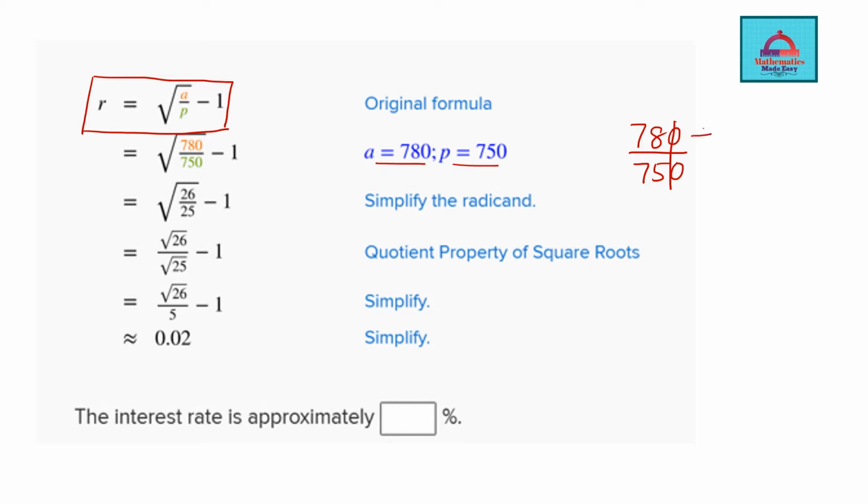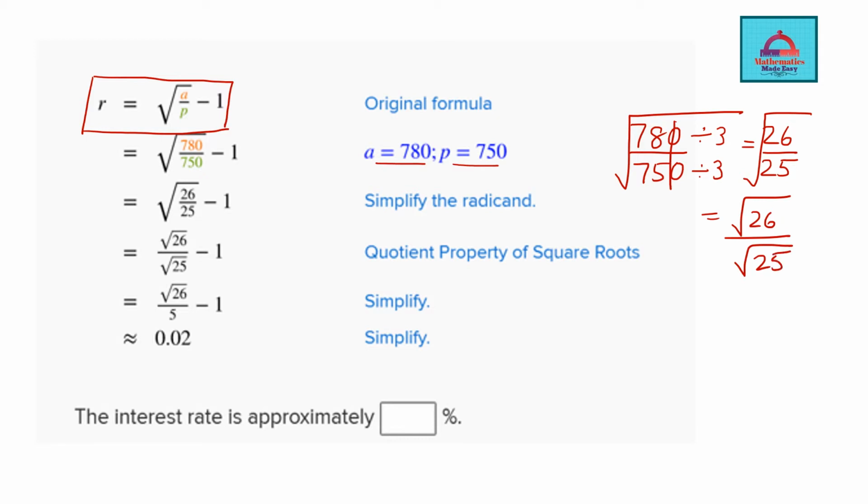So when we divide with 3, this comes out to be 26 over 25. So 26 over 25 square root is there. So if you simplify the square root, then it can be on the numerator, it can be on the denominator. Now 25 is a perfect square of 5. So this is square root of 26 over 5 minus 1.